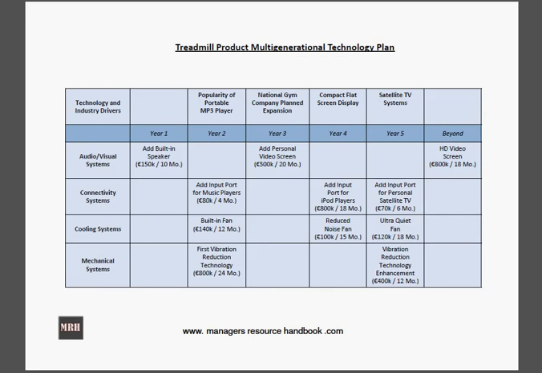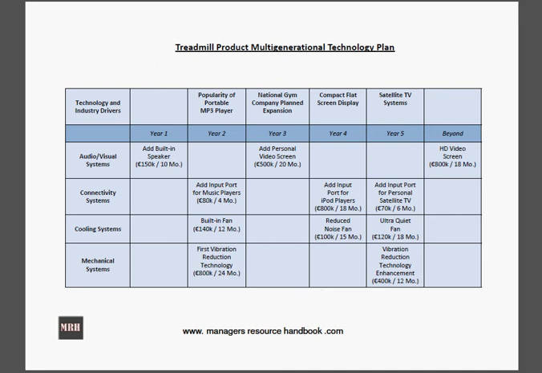So here's another example of almost the exact same multi-generational technology plan. This one happens to be tabulated. And in this case, we've identified the investment and the time to develop for each enhancement to the product.